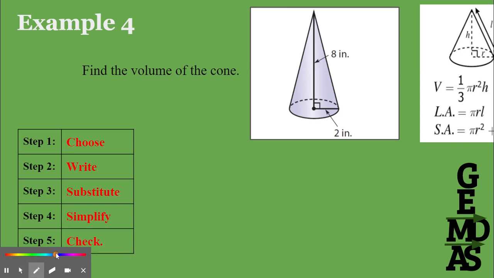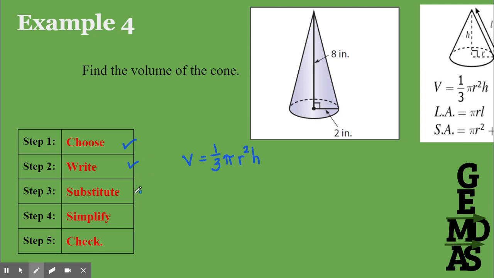Okay, so let's look at this one. Find the volume of the cone. Well, first we need to choose a formula. So looking over here, we actually have the formula. Volume of a cone equals 1/3 times pi times, remember, the radius squared times the height.